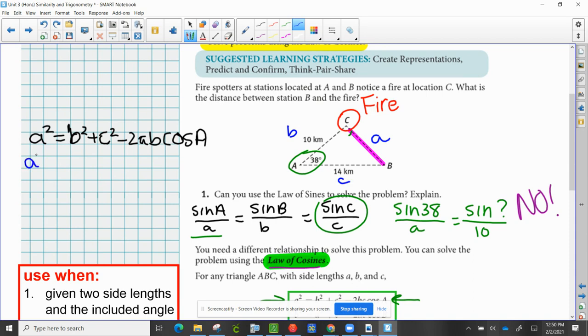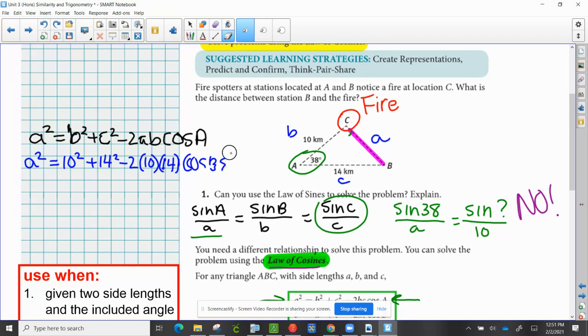So that's going to stay a squared equal to b squared, which is 10 squared, plus c is 14, so plus 14 squared, minus 2 times 10 times 14 times the cosine of 38 degrees. That's a little sloppy there. Let me rewrite this last part.